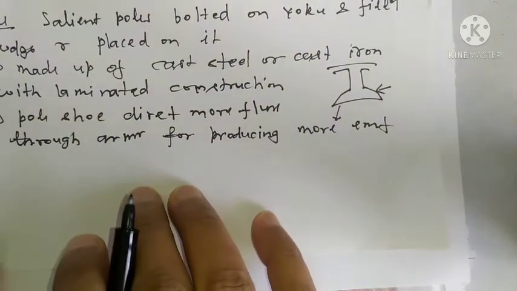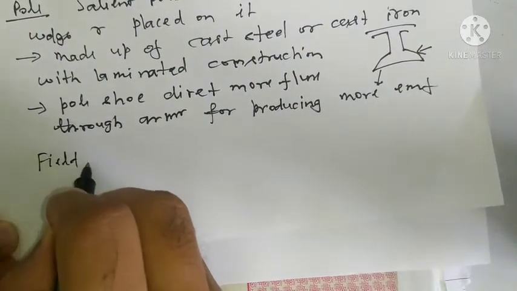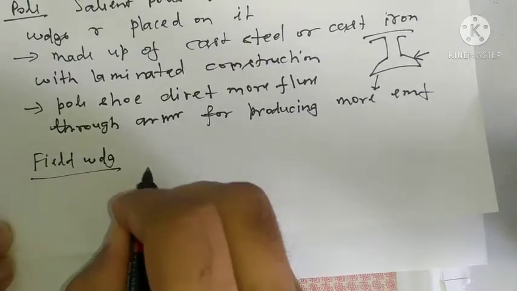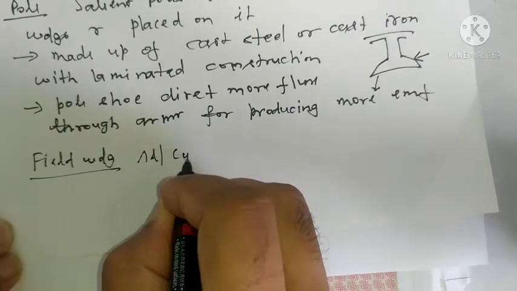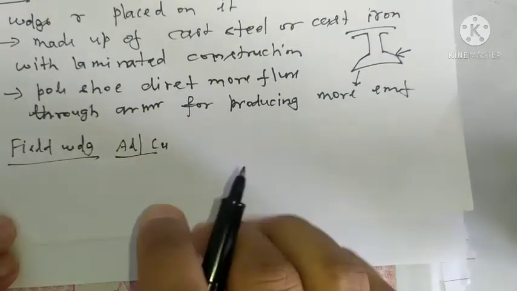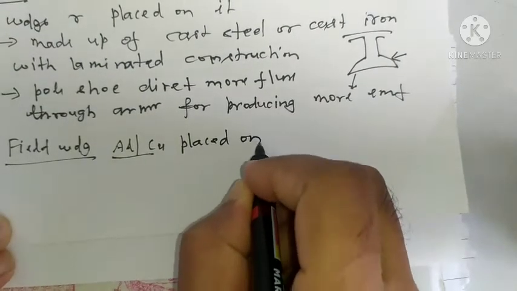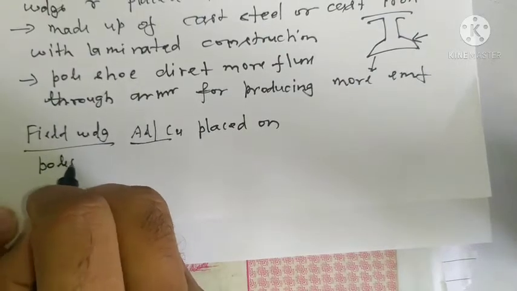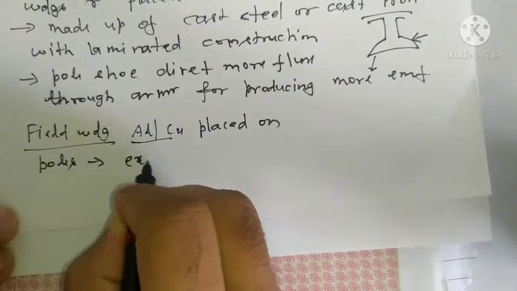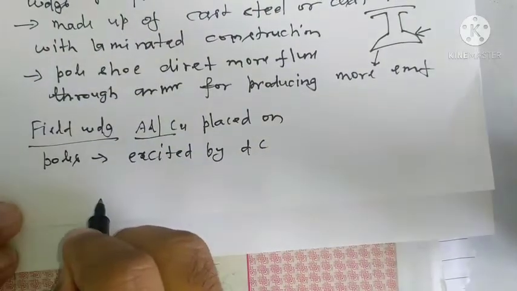Now on this pole we have the field winding. This will be copper or aluminium, and it is placed on the poles and excited by DC supply.